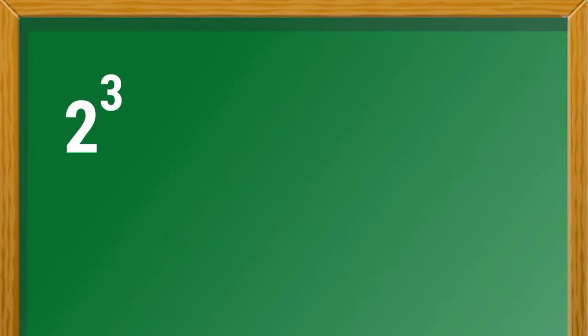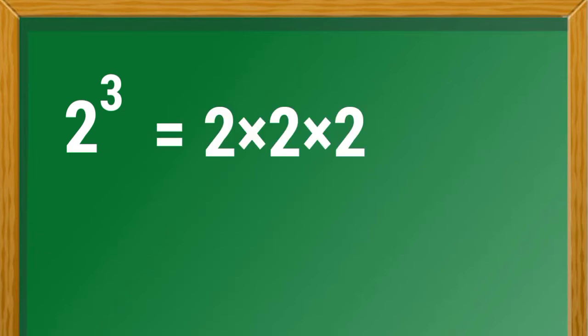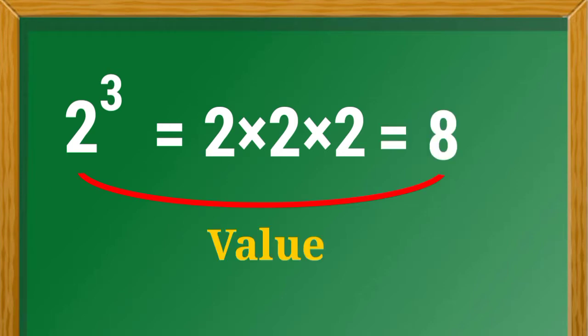Example, 2 cubed or 2 to the power of 3 is equal to 2 times 2 times 2, and that is 8 in standard form. So, the value of 2 cubed is 8. In giving the value of numbers expressed in exponential notation, just keep on multiplying the base the number of times given in the power or exponent.